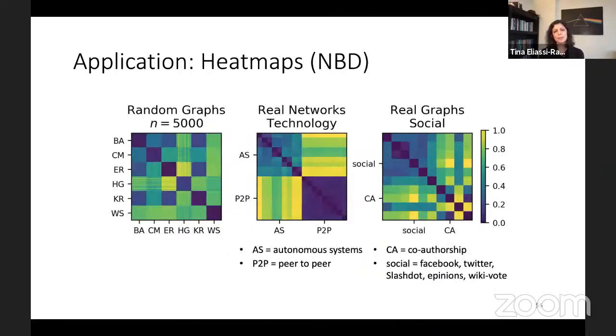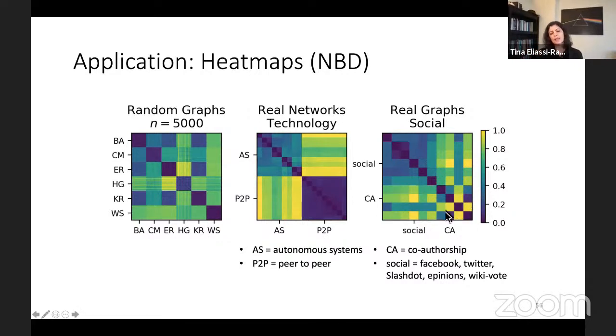We also looked at heat maps. Again, this is in a way also a sanity check, but it shows, for example, on the right with the real graphs, that the honest-to-goodness, naturally occurring unipartite social graphs are closer to each other than the co-authorship networks.